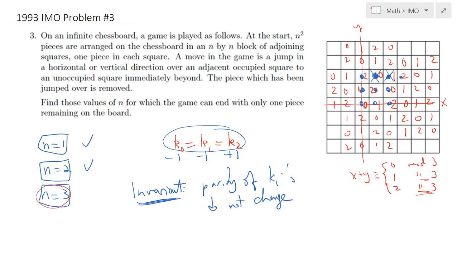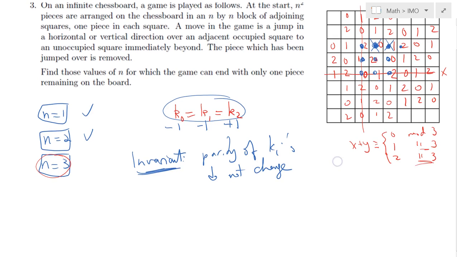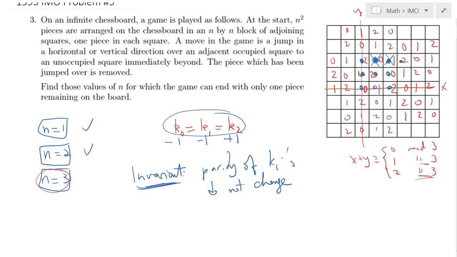Now, what is the objective of the whole game? To try to leave just one piece remaining on the board. Leaving just one piece on the board means that one of k0, k1, k2 will be equal to 1, and the other two would be 0.